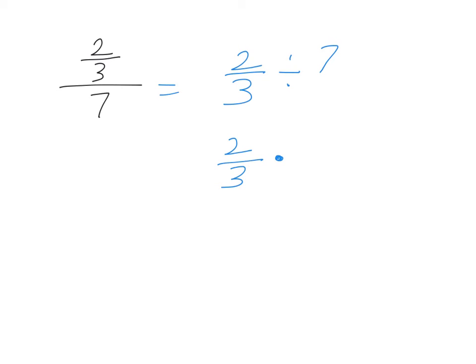What is the reciprocal of 7? Yep, 1/7. That's because this 7 is really over 1, and when I flip it, it becomes 1/7. Does anything cross cancel? Nope, I don't see anything cross canceling. So I can just multiply across to get my answer of 2/21.